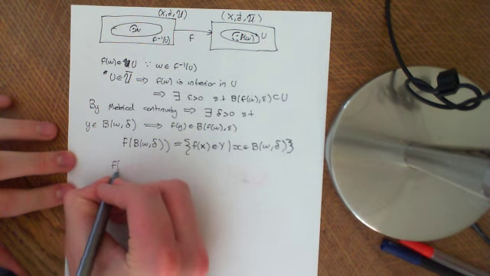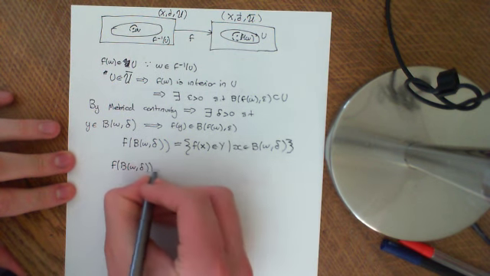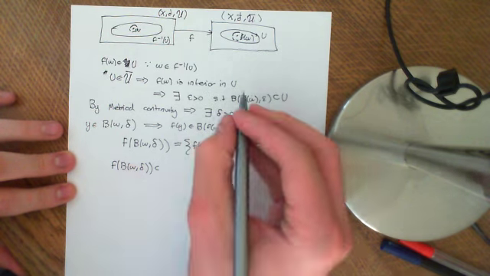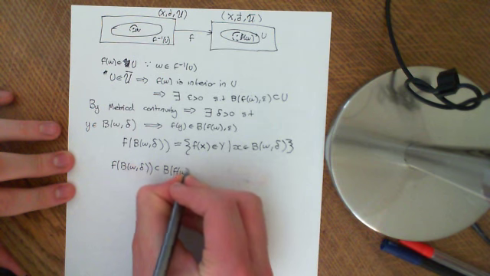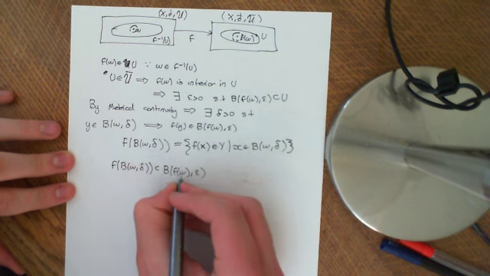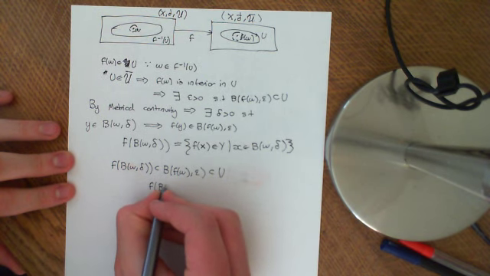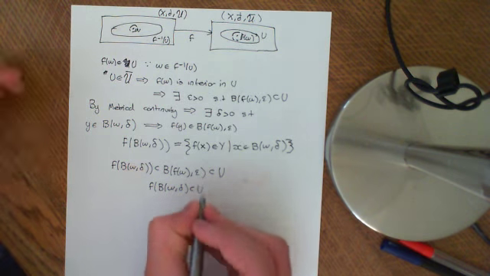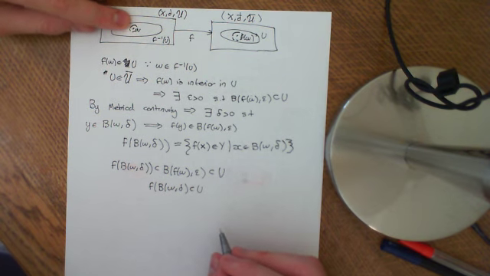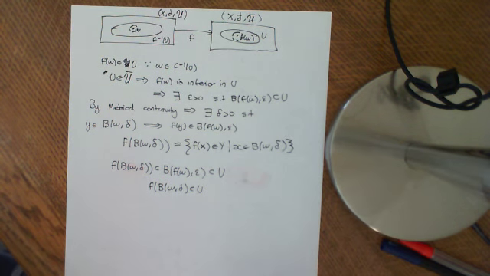That image is, by definition, because the function is continuous, contained within the ball centered at F of W of radius epsilon. But this is contained within U, which implies that the image of this ball centered at W of delta is contained within U, i.e. all the points in this ball centered at W are mapped into the set U if they are mapped into this ball here. That's obvious from the picture.